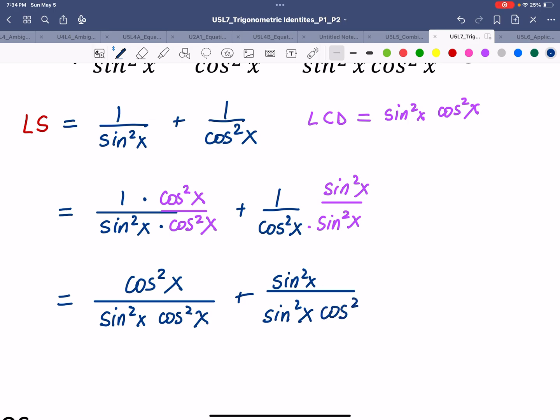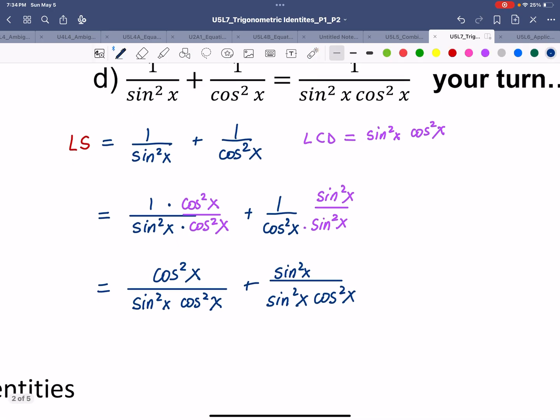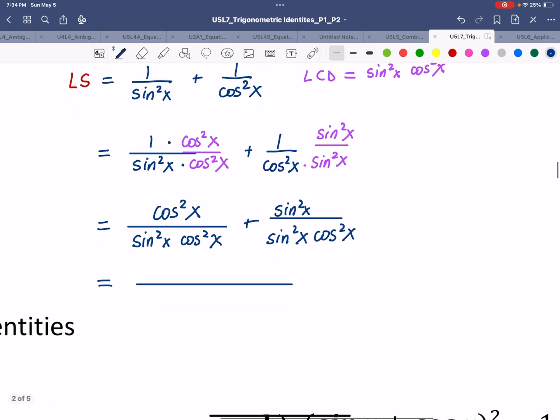And aren't you happy to see that sine squared and cos squared have surfaced in the denominator? So the next thing you can think of is to bring them together. Now they have the same denominators, and that's the reason why we make them with the same denominators, right? So we're going to write them as a single fraction with the same denominator, sine squared and cos squared. And the numerator will have cosine squared x and sine squared x.